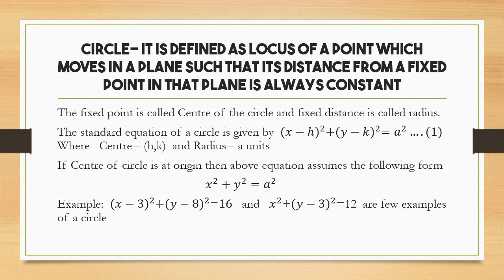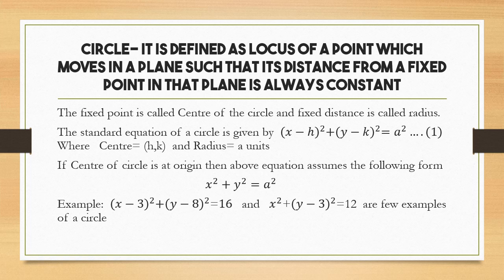Now the question comes to our mind, what is the standard equation of a circle? The standard equation of a circle is given by (x minus h) the whole square plus (y minus k) the whole square is equal to a square. I will call this equation 1 for my future work.